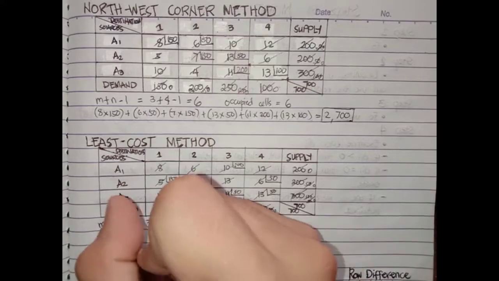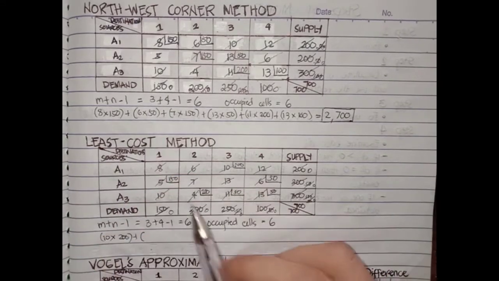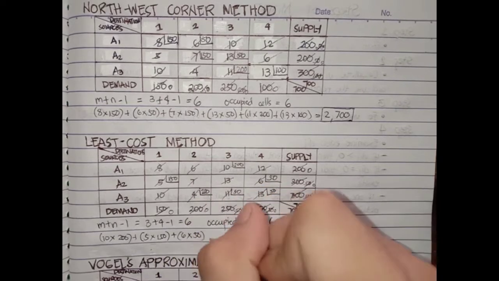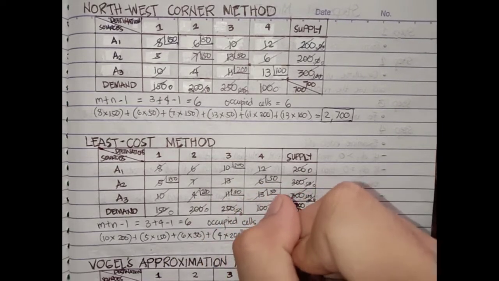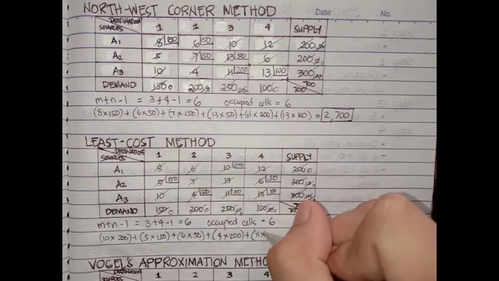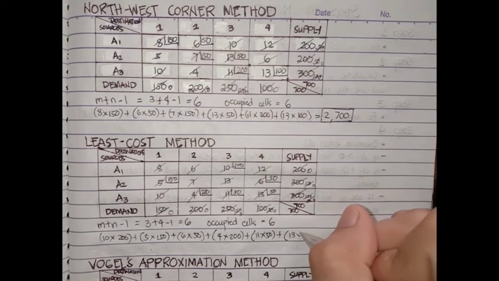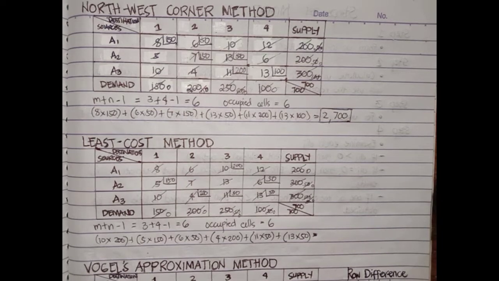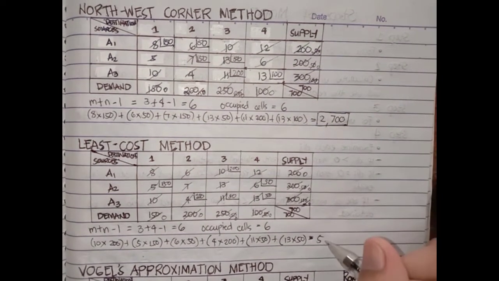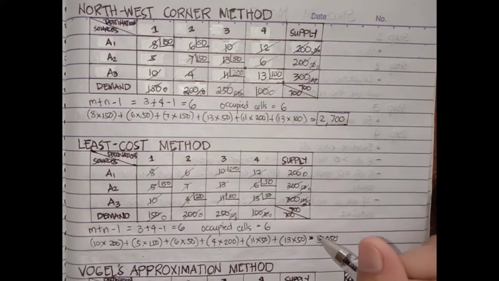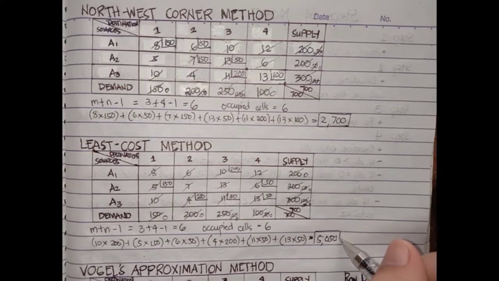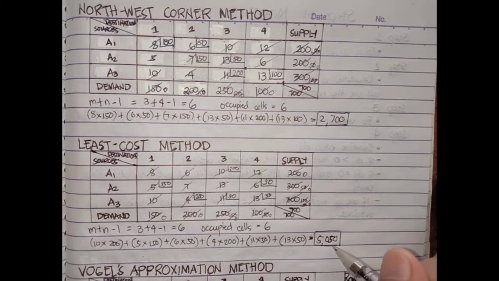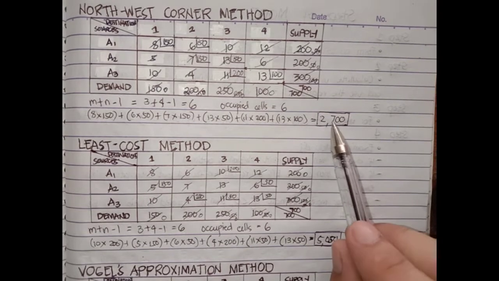Okay, 10 times 200 plus 5 times 150 plus 6 times 50 plus 4 times 200 plus 11 times 50 plus 13 times 50. So using the calculator, we can have the value of 5,050. So in least cost method, we get the value of 5,050, and it is smaller than this value.